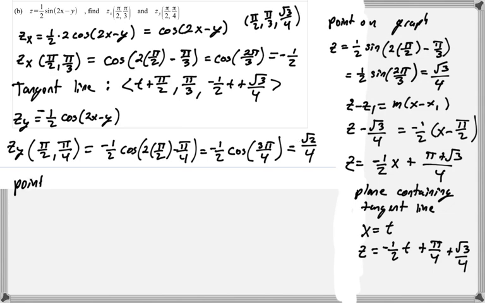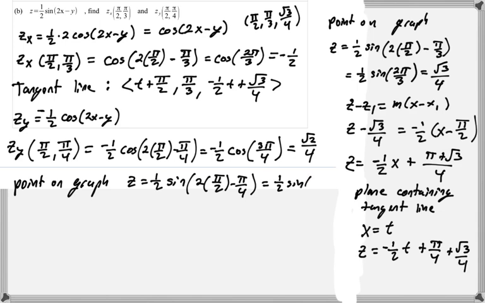All right, so if we want to find the point on the graph, we got the x is pi over 2 and the y is pi over 4. If we want to find the z coordinate, it's going to be 1/2 sine of 2 times pi over 2 minus pi over 4. So it's going to be 1/2 sine of 3 pi over 4.